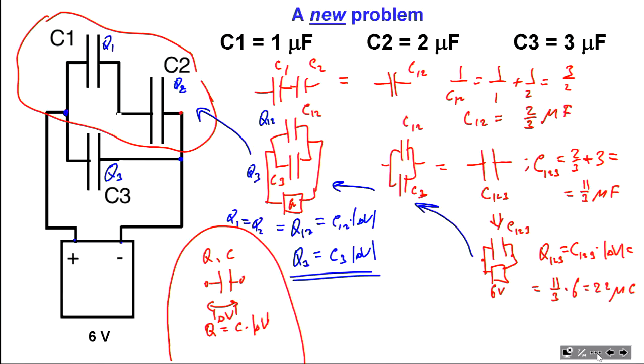And if we know all the charges, all the capacitance, voltage, that's what we may need to calculate. Let's say we need to calculate this voltage, delta V1. Well, if we know charge and capacitance, we can apply the same equation, but just for the voltage, delta V1 will be equal to Q1 over C1.